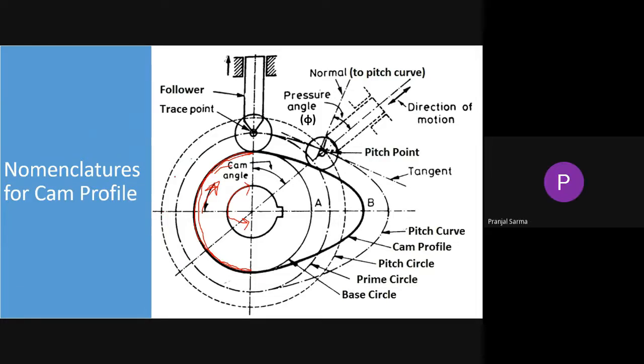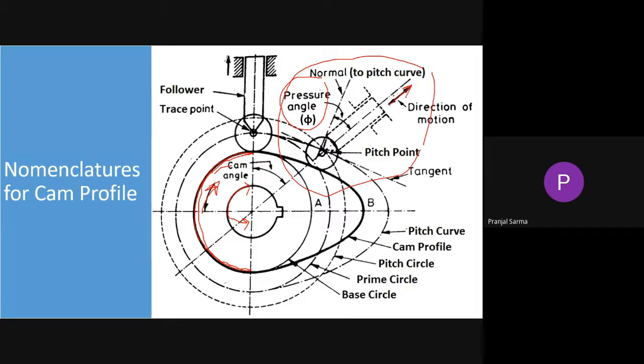Now comes this important nomenclature, the pressure angle, generally denoted by phi. So what is this pressure angle? It is the angle between the direction of motion of the follower and the normal to the pitch curve at any point. If you consider this location of the follower, this is the direction of motion of the follower.